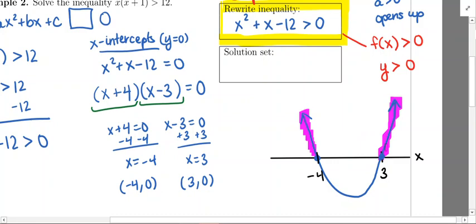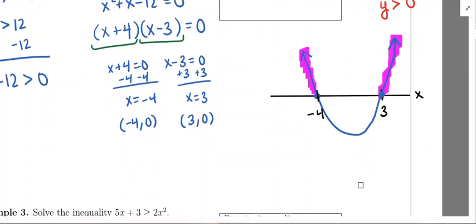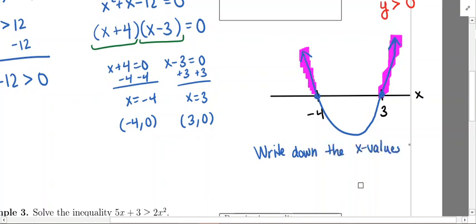That's what you want. So to write down the answer, you have to state the x values where the y values are positive. So we need to write down the x values that have positive y values.